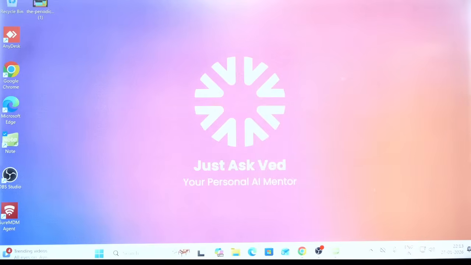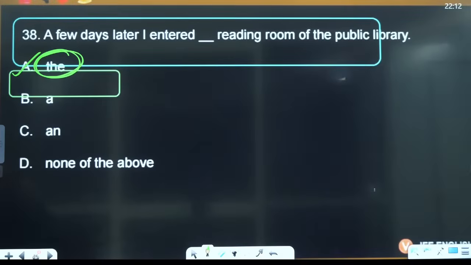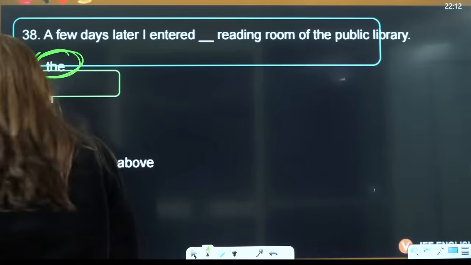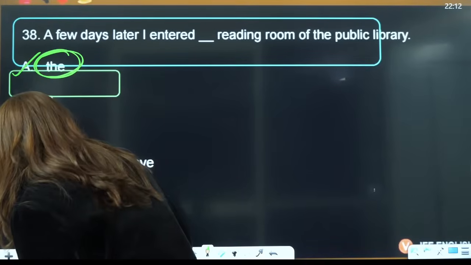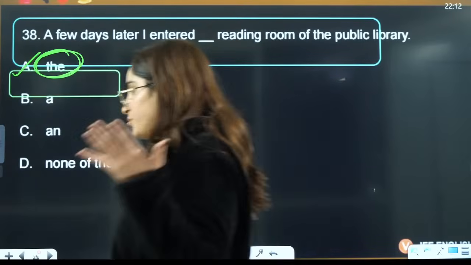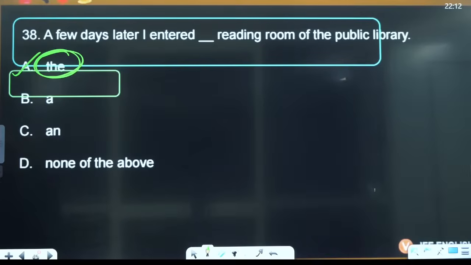I have no idea, yaar, why it's not working only. Now it is working. But I don't know why this is not working. Wait a minute. Mouse is working here. Something happened to my.